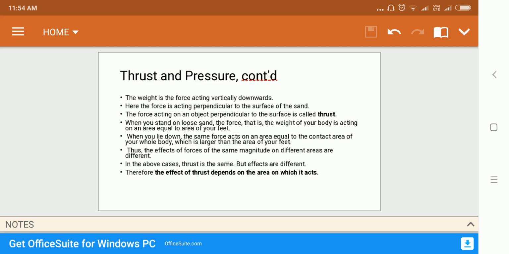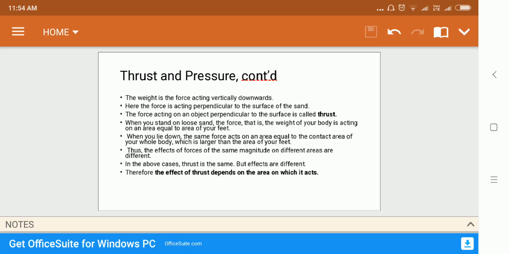The force is acting perpendicular to the surface onto the sand, but that force is given onto the surface where your feet are in contact with the surface. Now if you lie down, the same force is equivalent to your body, but now the contact area is different.